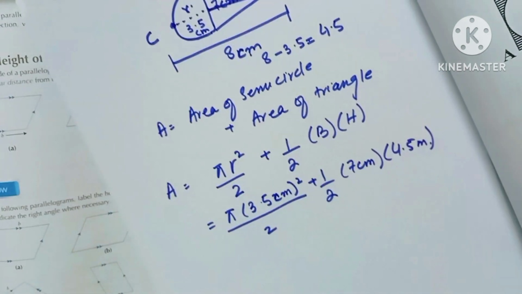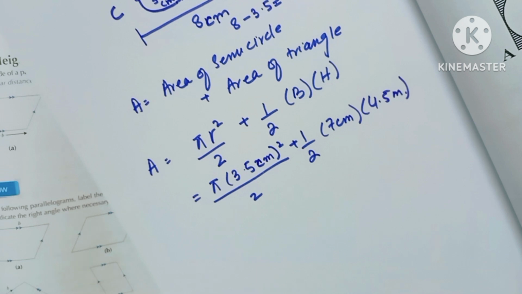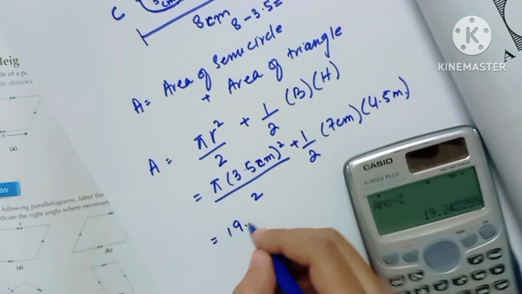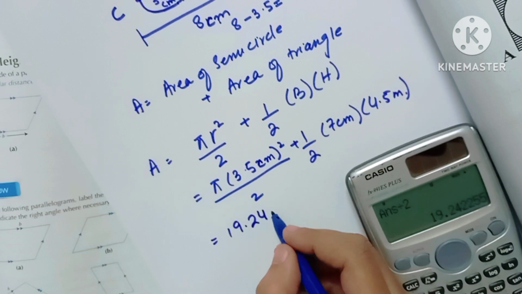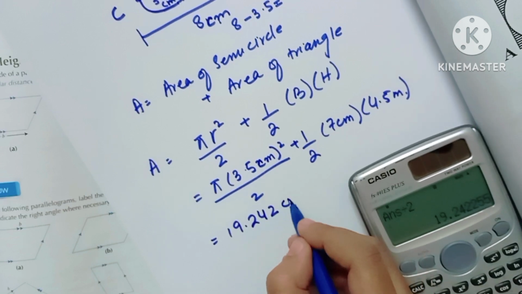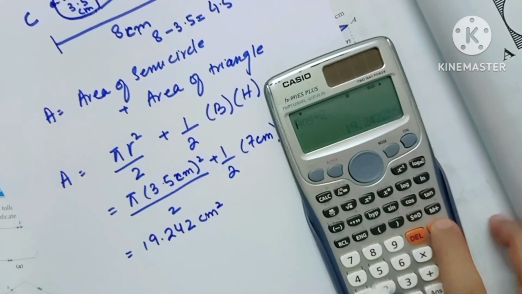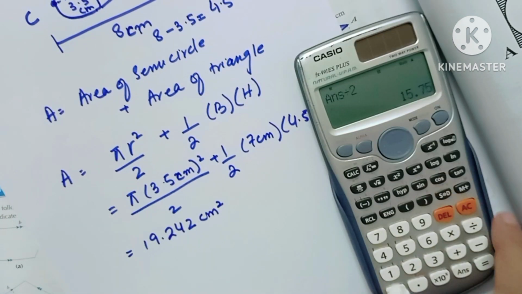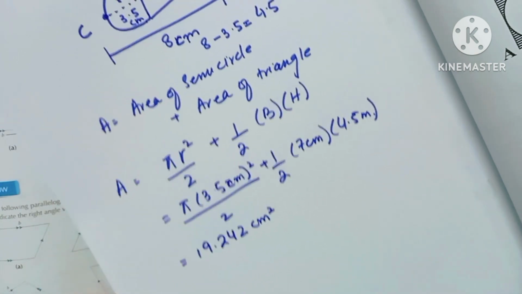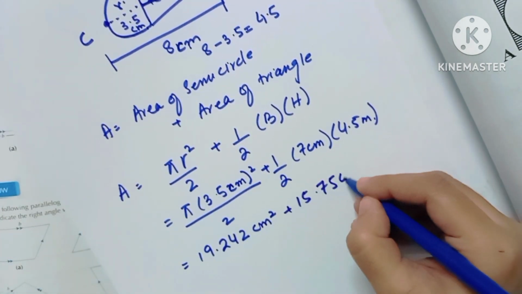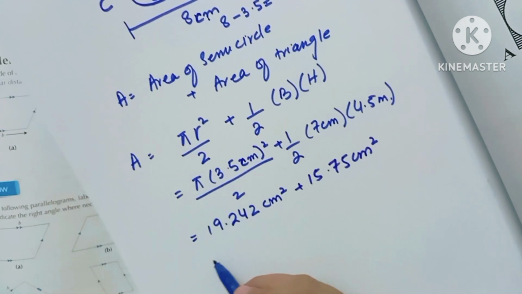Then we have to use the calculator to find the value. That is 19.242 centimeter square, and then 15.75 centimeter square, and then we need to add them.